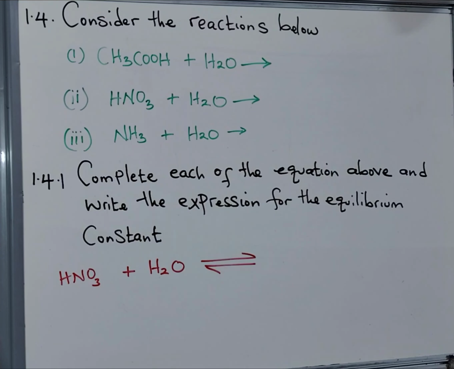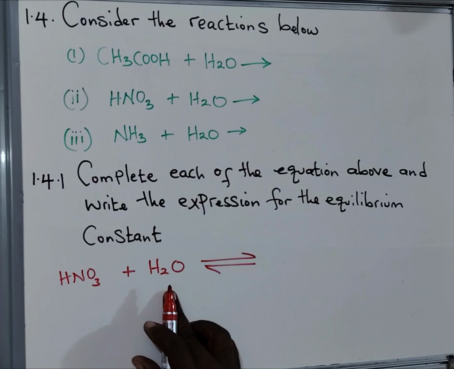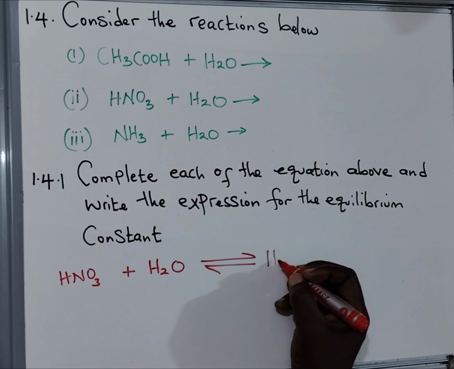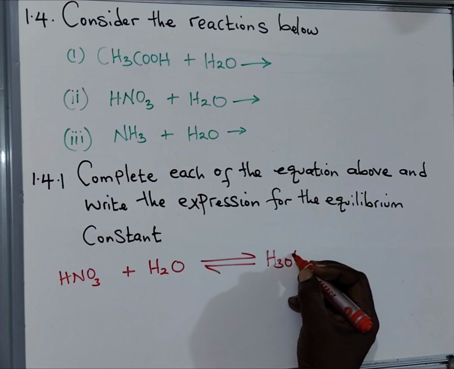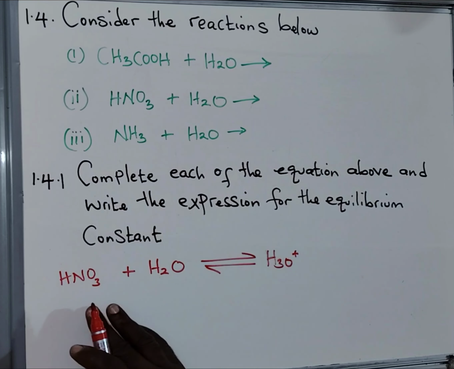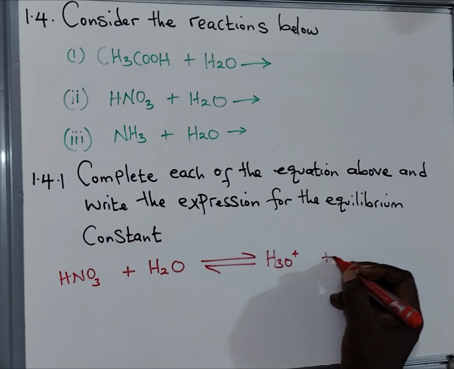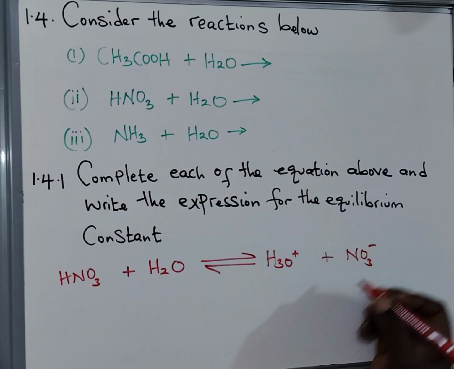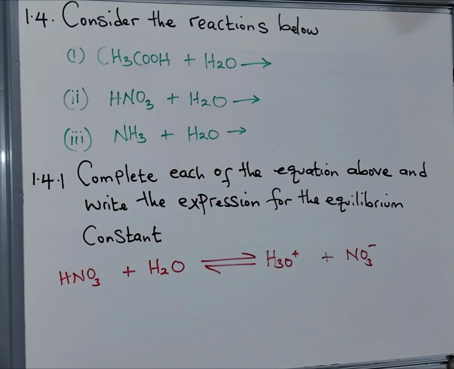An acid is a proton donor, and the base is a proton acceptor. So this acid will donate a proton here, giving you hydronium ion. And when nitric acid lost a proton, what remains behind is NO3 minus. So that is that.